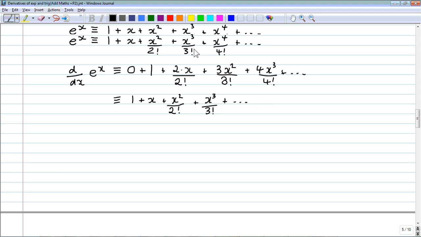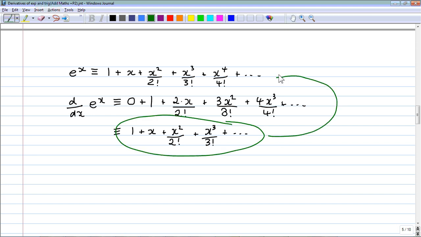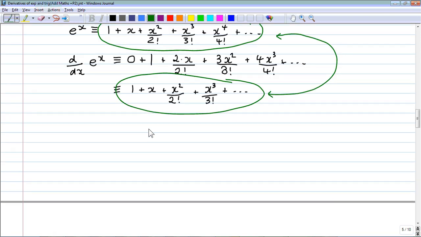And amazingly enough, you've got the same infinite polynomial here as you had to begin with. It's the same formula, you see? So what we've deduced in a roundabout way is that in fact the derivative of e to the x is actually e to the x.